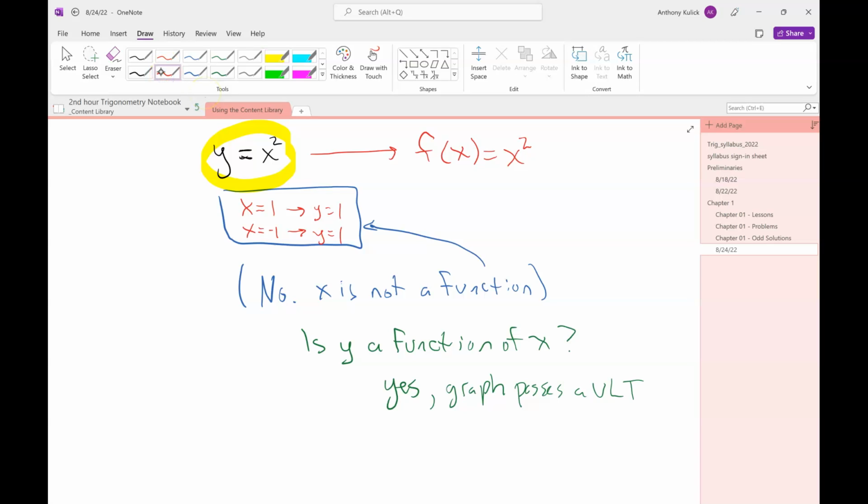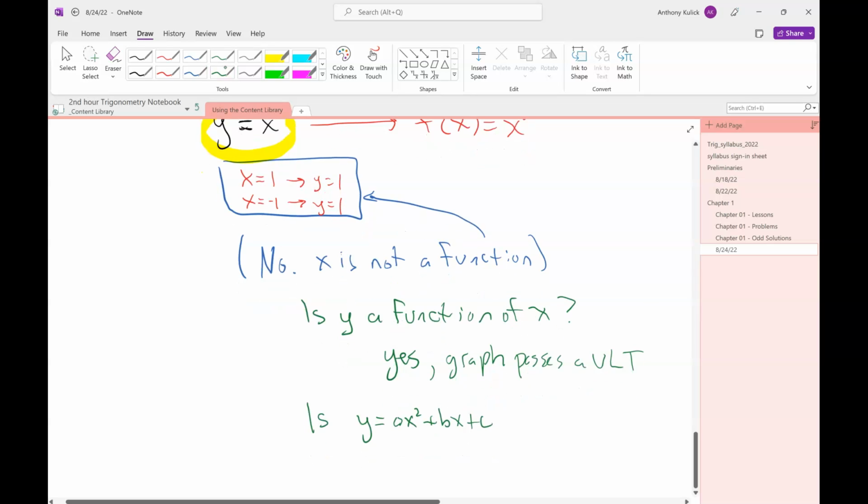Does this look like something you dealt with last year? Yeah. So this thing looks like it's of the form ax squared plus bx plus c, right? Did you study that last year? What was that called?